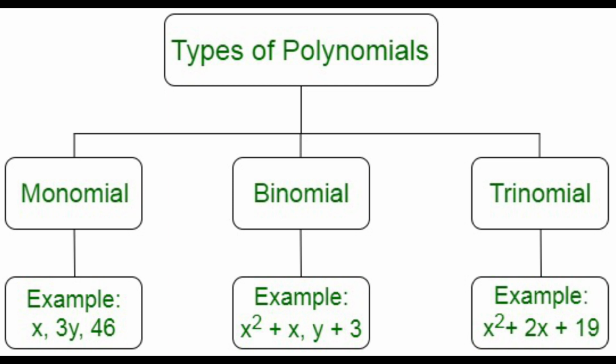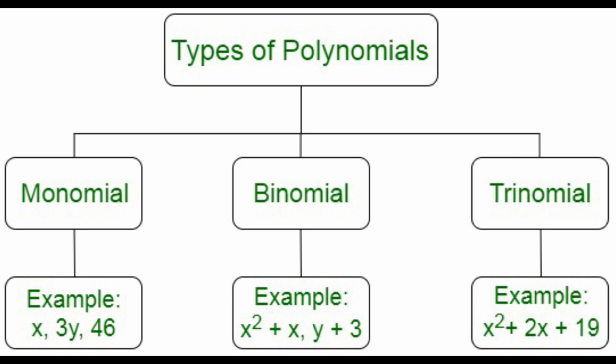The equation that has only one term is called monomial. The equation that has only two terms is called binomial. The equation that has only three terms is called trinomial.